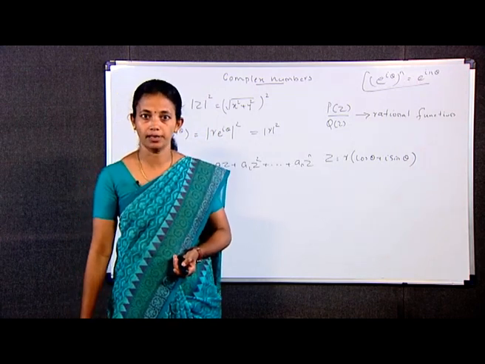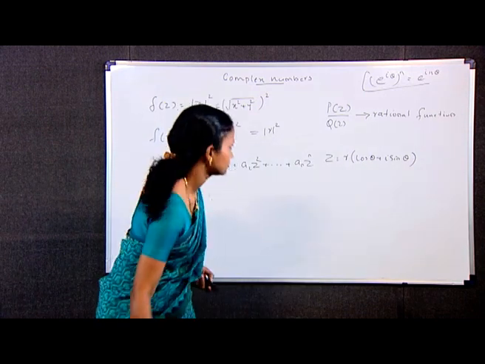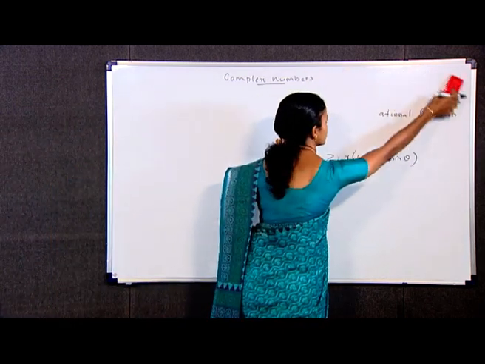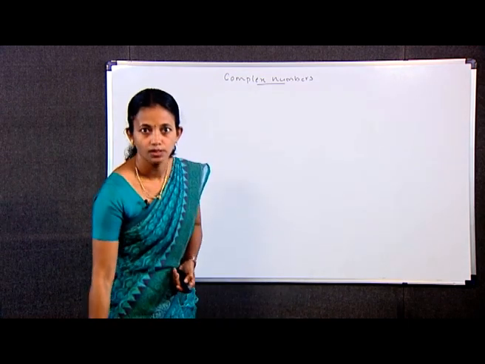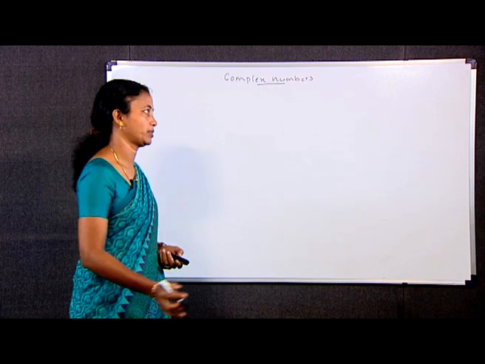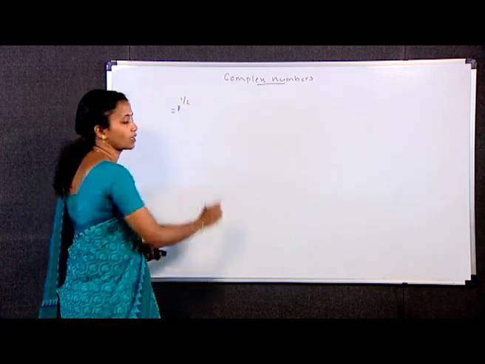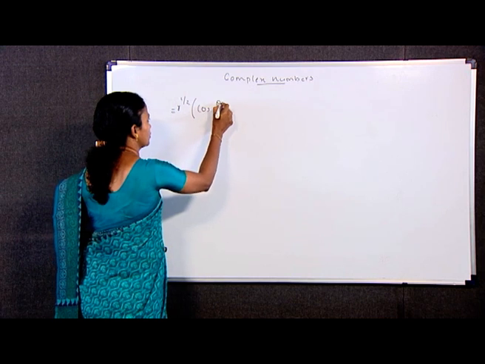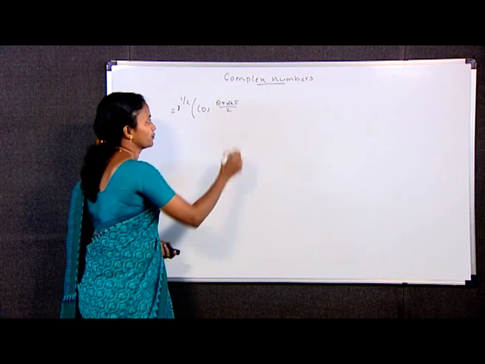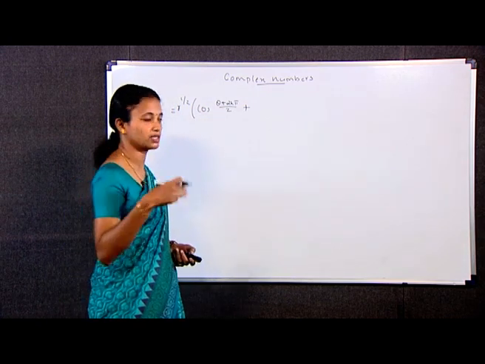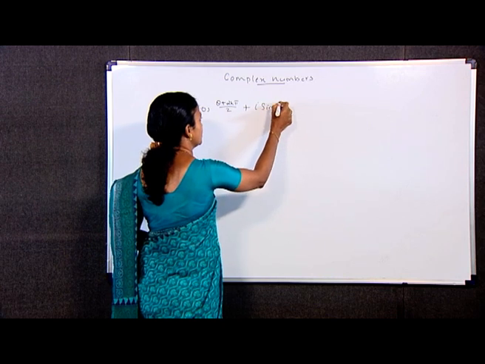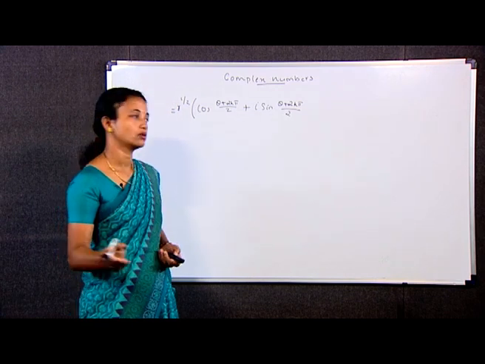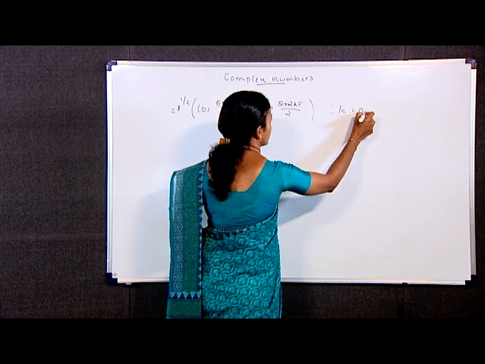The square roots are given by z^(1/2) = r^(1/2)[cos((θ + 2kπ)/2) + i sin((θ + 2kπ)/2)], where k varies over 0, 1.